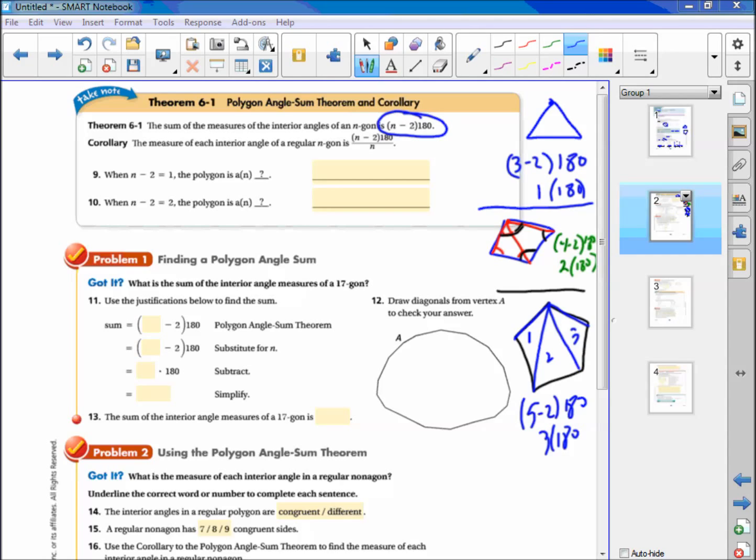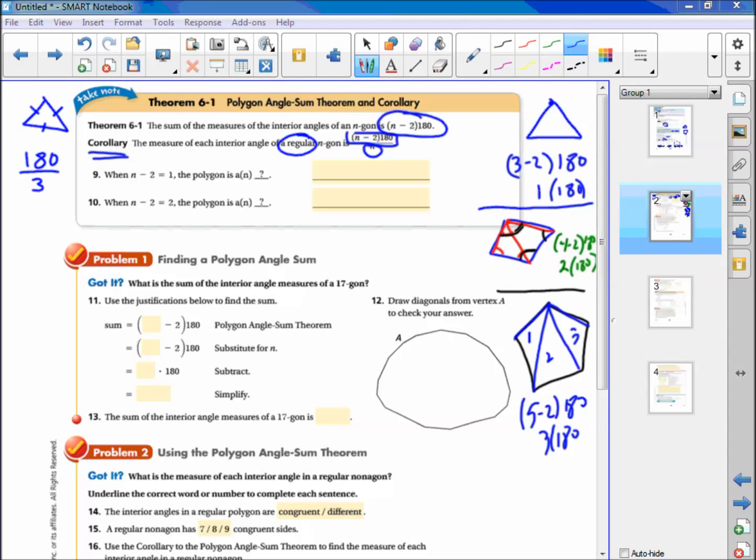All right, so we have a corollary that goes with this. It says the measure of each interior angle of a regular n-gon, and remember, regular means all the angles are the same, is the total of the inside divided by how many angles there are. So this makes sense. If you have a regular triangle, also called an equilateral triangle, then we know there's a total of 180 in there.